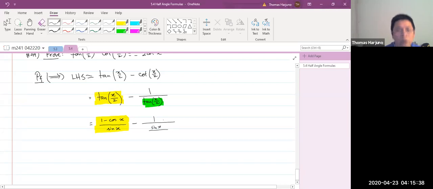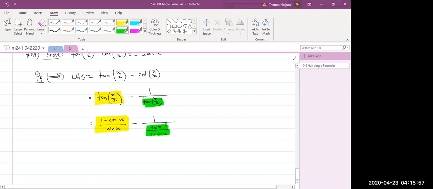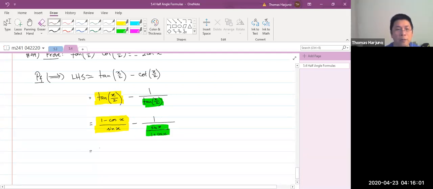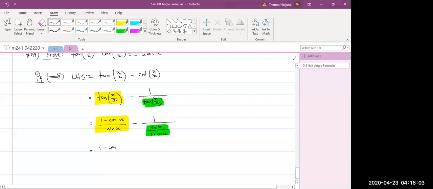Why? Because I will do the reciprocal later on, and all of a sudden I have a common denominator. Do you see my plan? Then in the next step, I do the reciprocal, right?